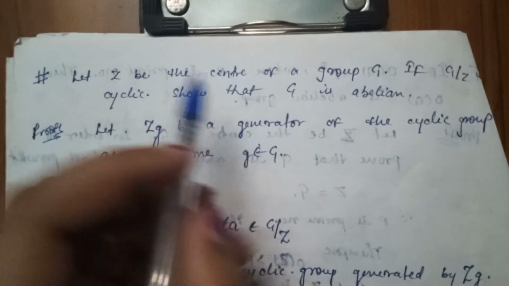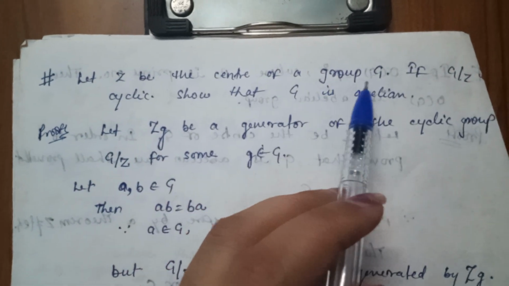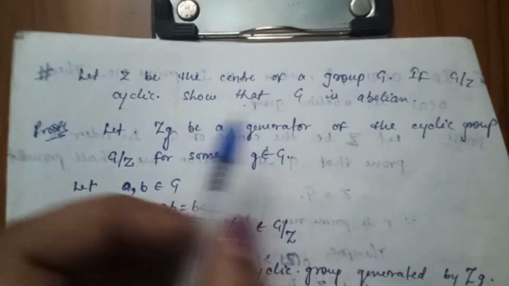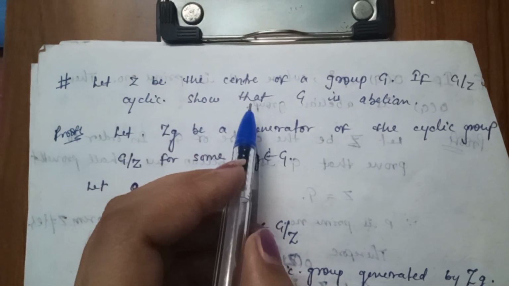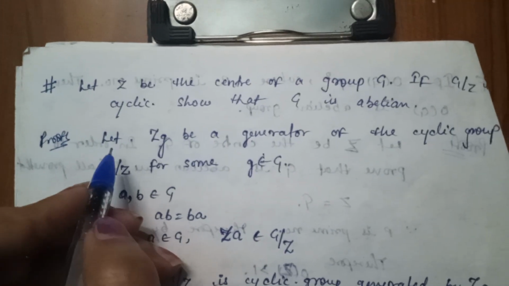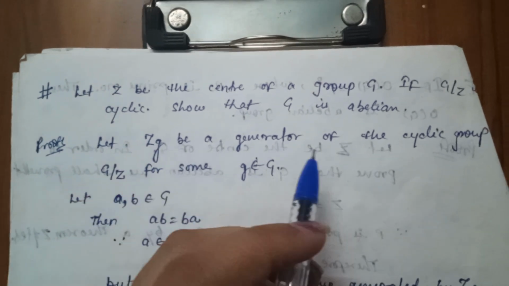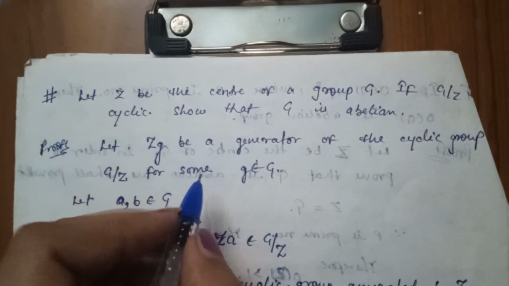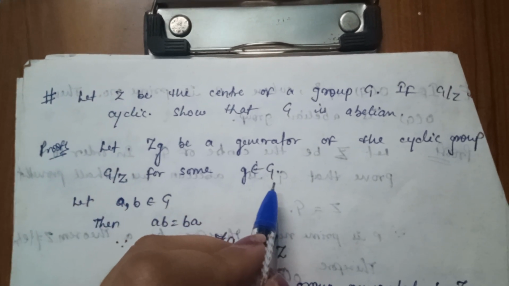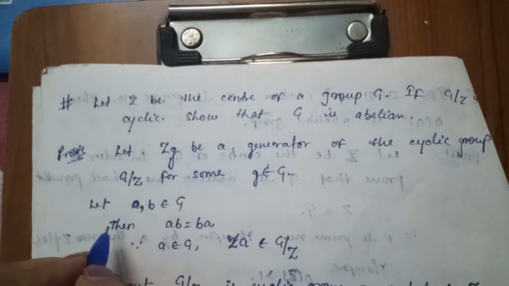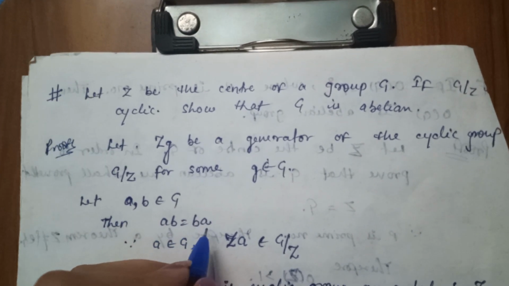Let Z be the center of a group G. If G by Z is cyclic, show that G is abelian. Proof. Let Zg be a generator of the cyclic group G by Z for some g belonging to G. Let A, B belong to G. Then we must show AB is equal to BA.